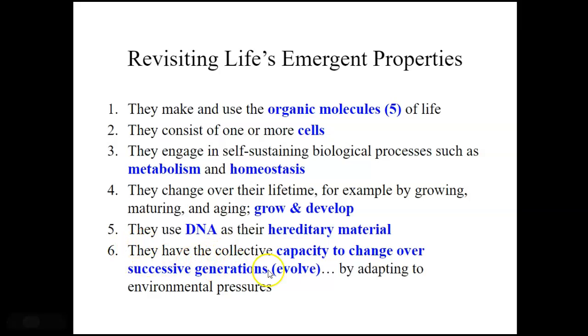So that concludes the chapter 4 notes, and just again revisiting, we're talking about cells, and the cell is the basic unit of life. We understand those emergent properties of life, so just revisit those.